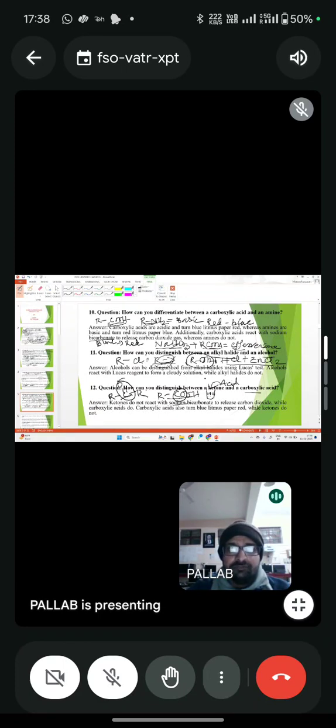But if we do the same reaction with a ketone, take a test tube and put the ketone in, then we will not observe any effervescence.